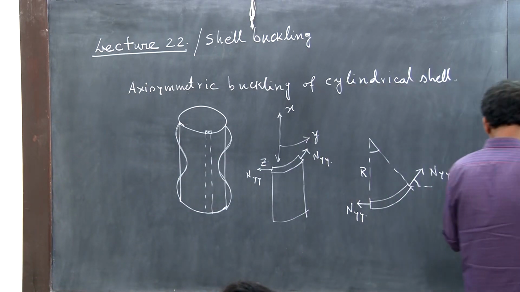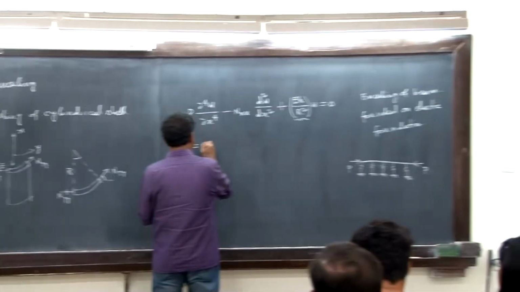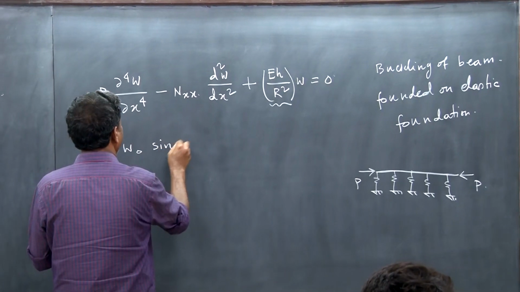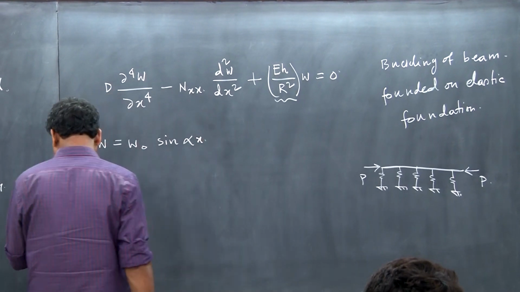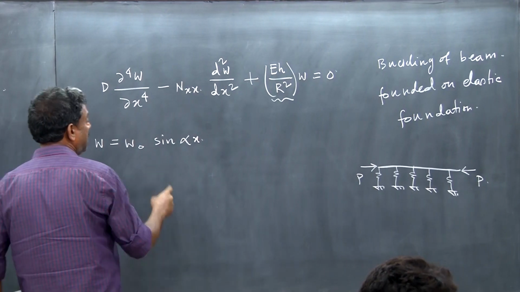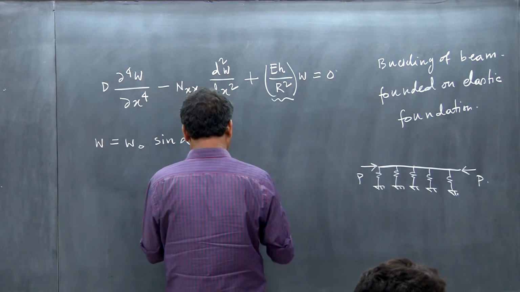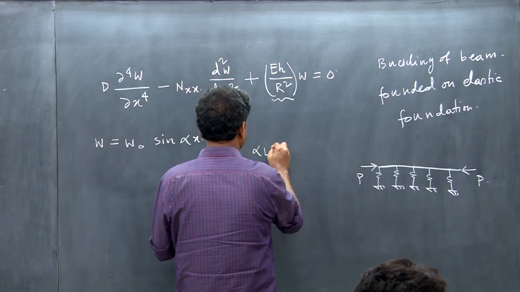So, then we can assume the solution to be of the form sin(alpha x), and here we are defining alpha L to be pi.